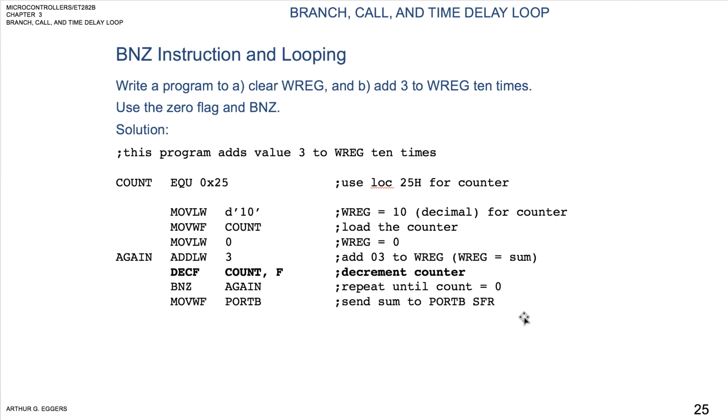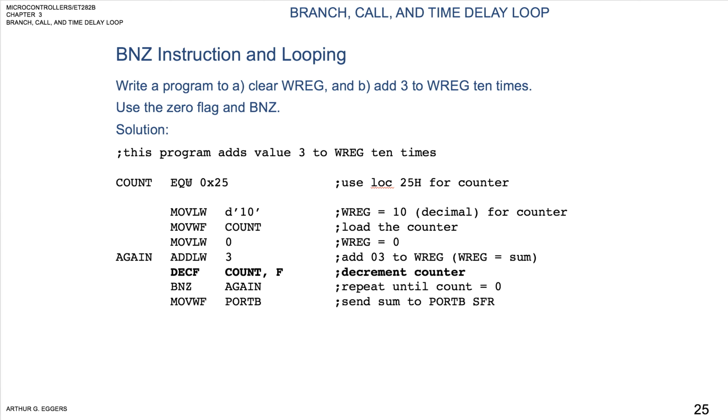The counter is first set to 10, and with each iteration, the decrement instruction decrements the file register and sets the flag bits accordingly. If the file register is not 0, it jumps to the target address associated with the label "again".